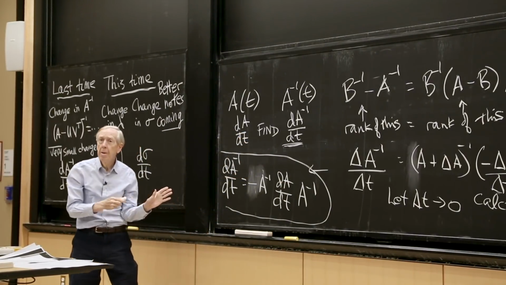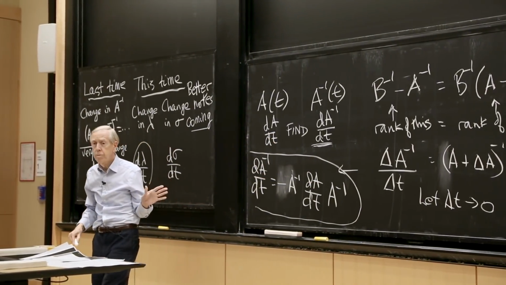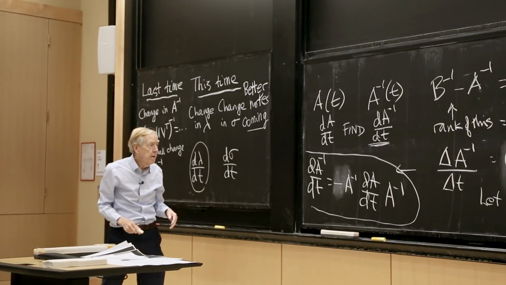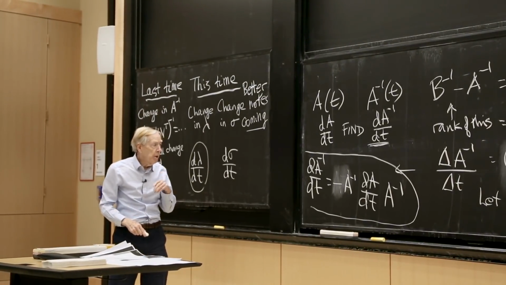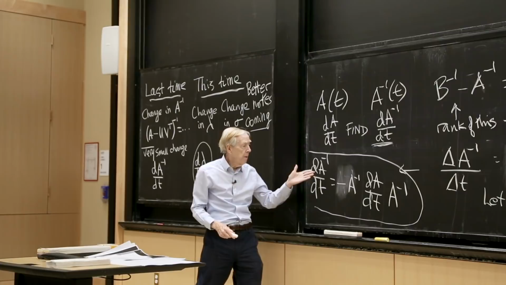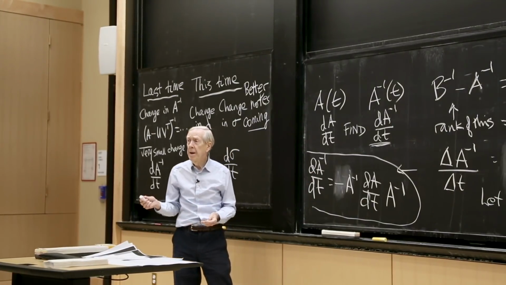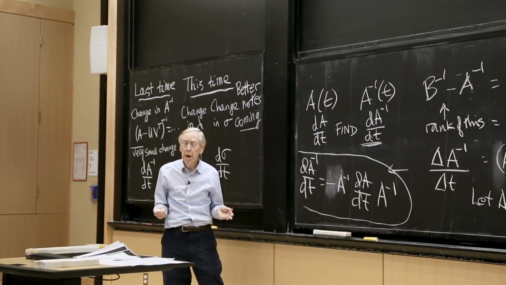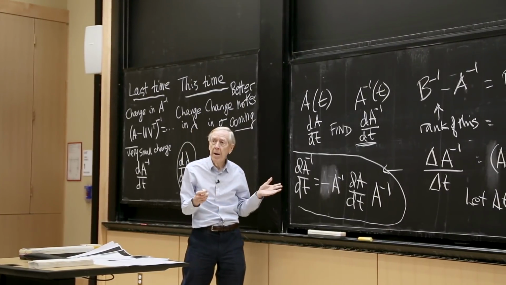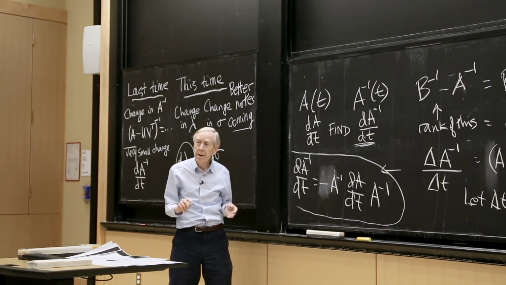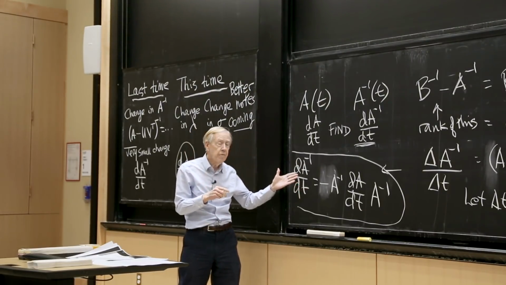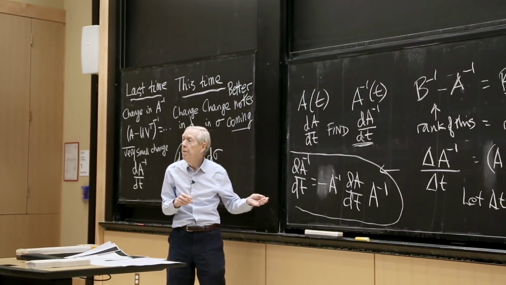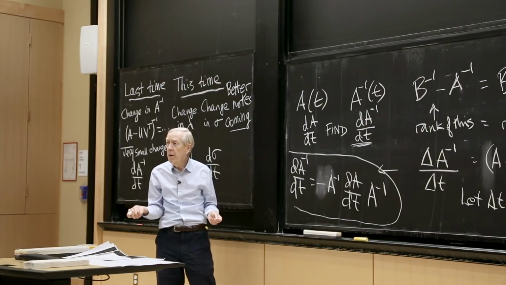A nice formula, which sort of belongs in people's knowledge. You recognize that if A was a 1-by-1 matrix, we could call it X instead of A. If A is a 1-by-1 matrix X, then I'm seeing the formula for the derivative of 1 over X, right?